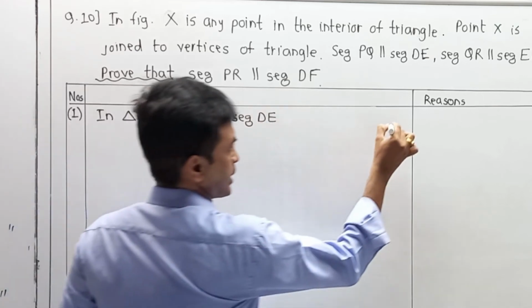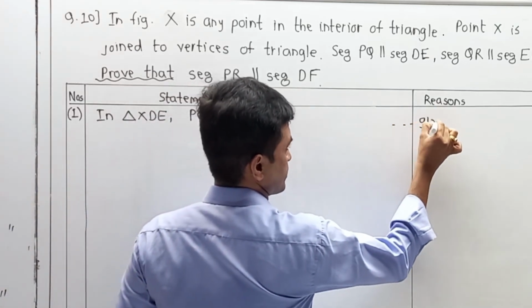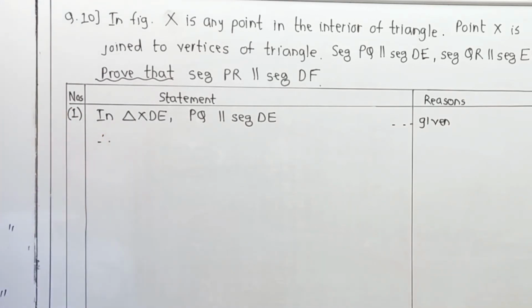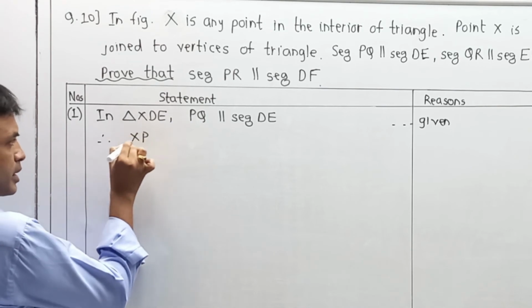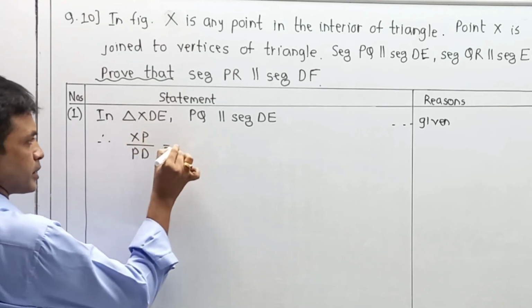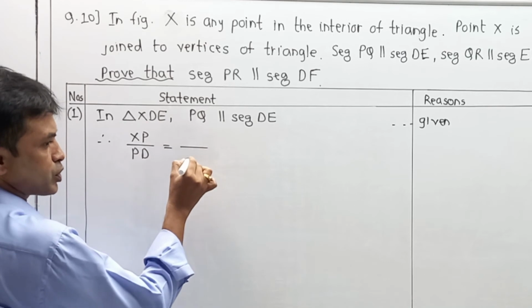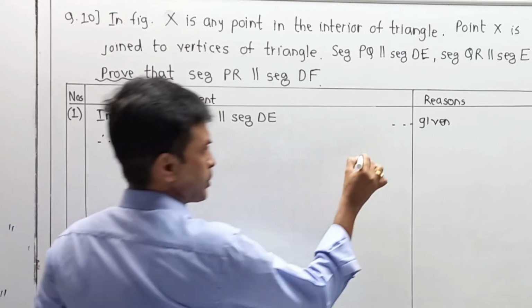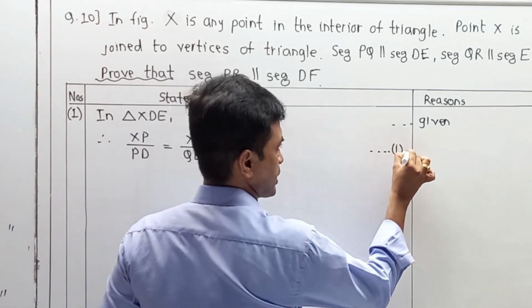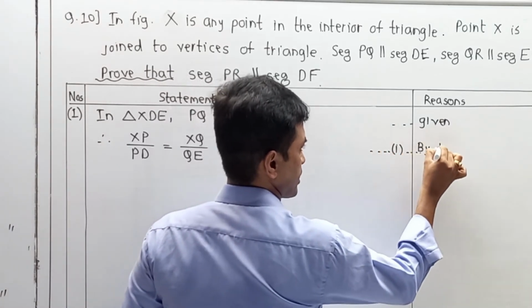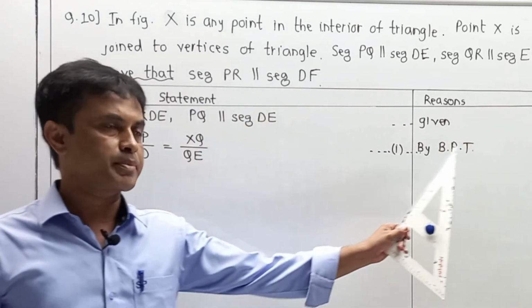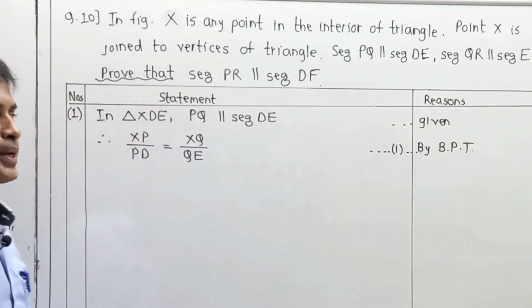They have given it, so I am going to write it as given. Therefore, we can write XP upon PD is equal to XQ upon QE. I am giving it as equation number 1, and the reason is by the basic proportionality theorem. You can write it in full as basic proportionality theorem or in short form BPT.